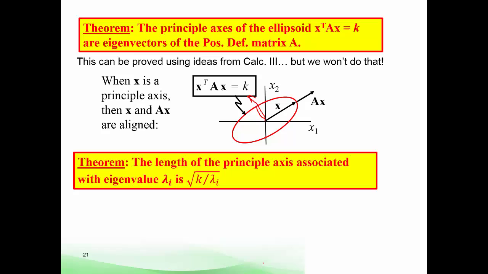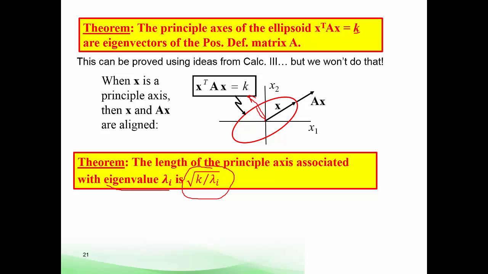So really these are one theorem, usually presented as one theorem. The principal axes of the ellipsoid are the eigenvectors, and the lengths of the principal axes are given by this formula, which involves the eigenvalues. The principal axis associated with eigenvalue lambda sub i is square root of k over lambda sub i.